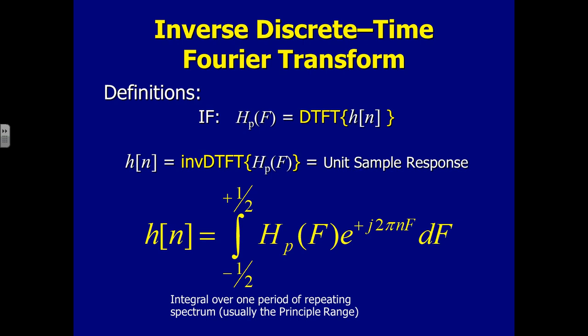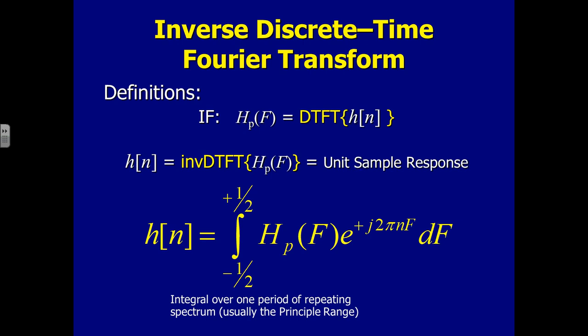Because it's a continuous function, we can't use a summation to recover h of n. We actually have to use an integral, an integration over the continuous function. And in this case, we would integrate only one copy of the repeating spectrum. So we generally would integrate over the full principal range from f equals -1/2 to +1/2.